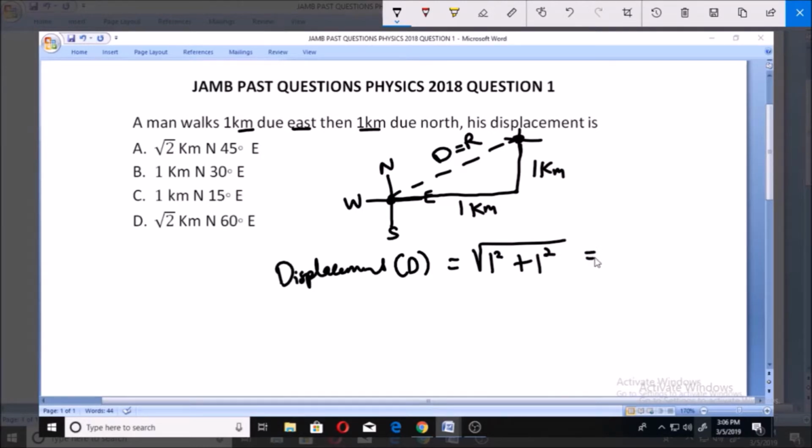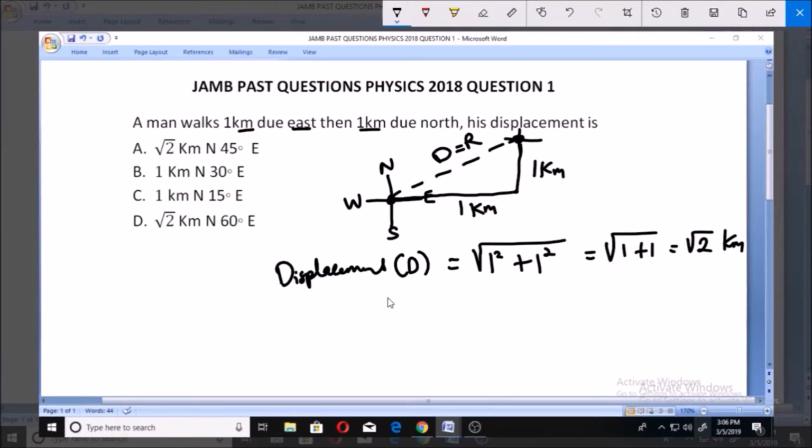And this will give us root of 1 plus 1, so this will give us root of 2. So that is the distance. You have root 2 kilometers as the distance.